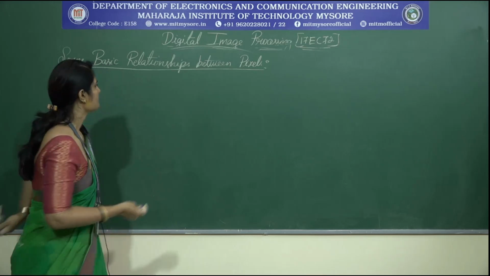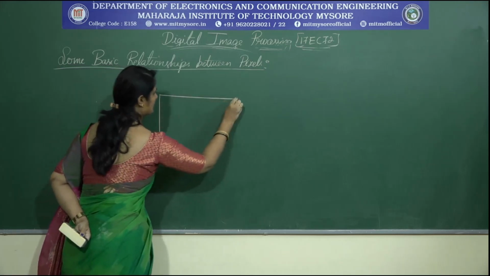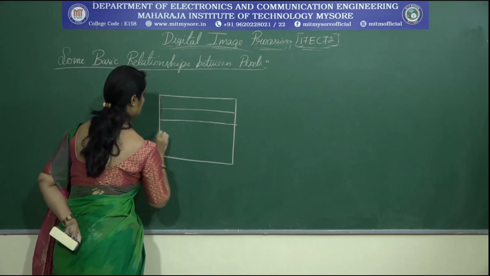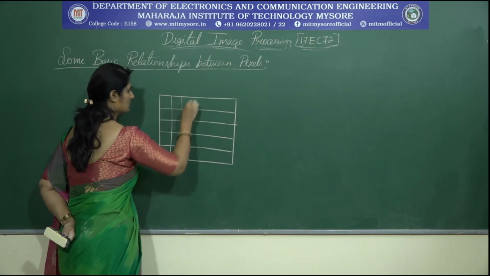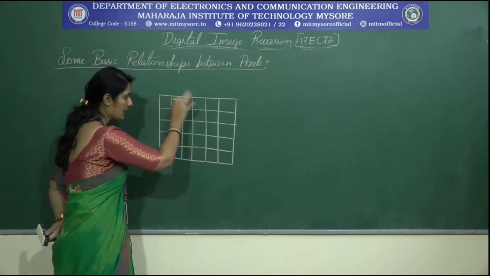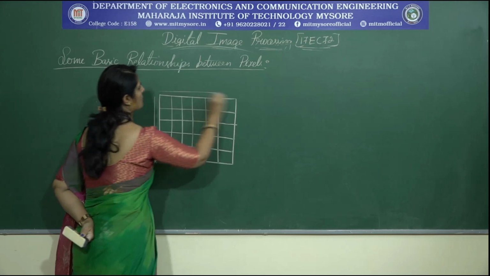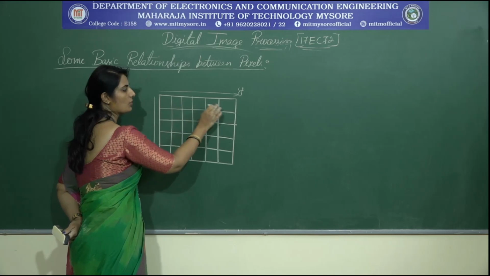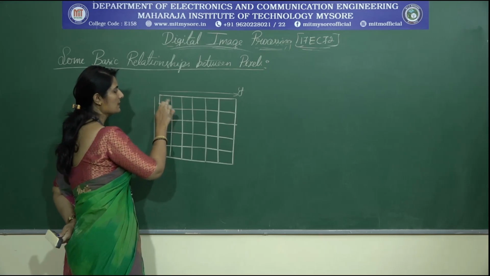Suppose this is an image plane. It has some number of rows and some number of columns, and it has a finite number of elements, each having a particular location and value, which we call a pixel.